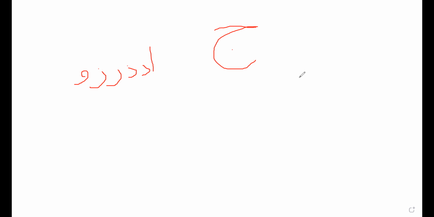Okay, let me give you an example to make this clearer. Remember, we're talking about the letter Jeem in its isolated position. This is the Jeem.